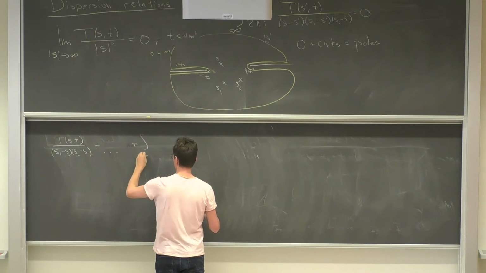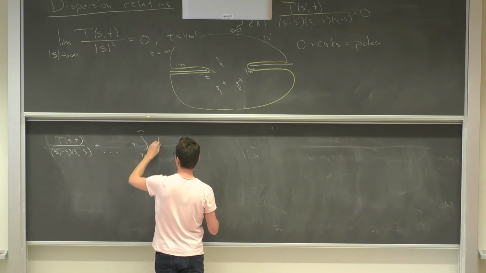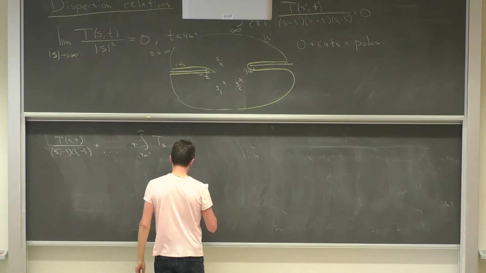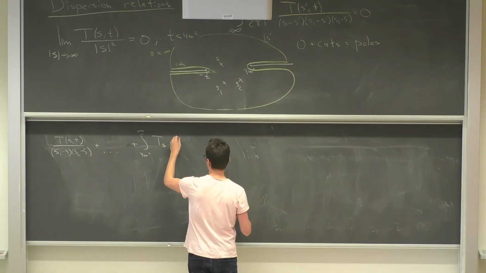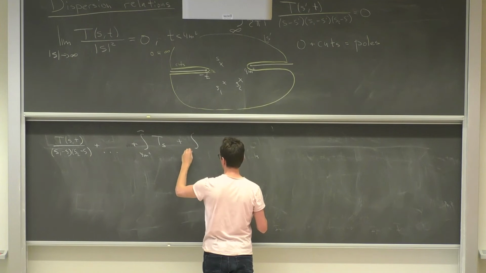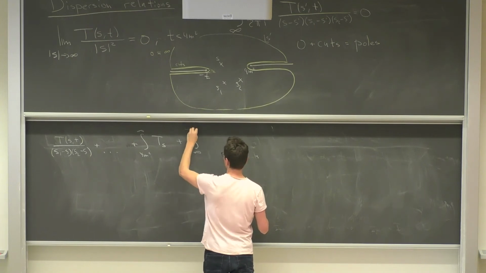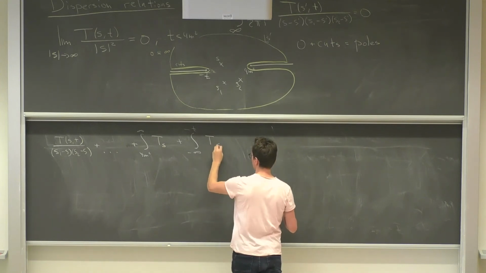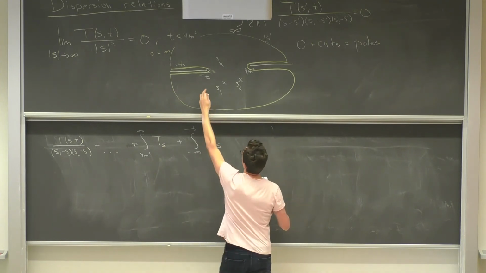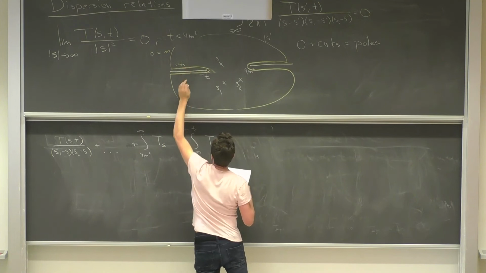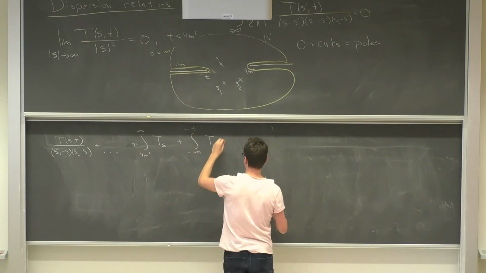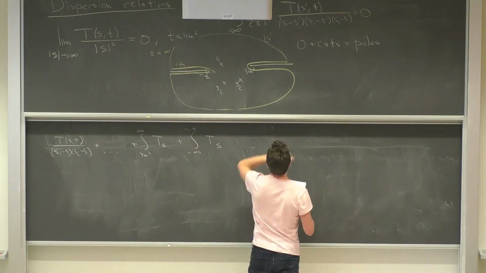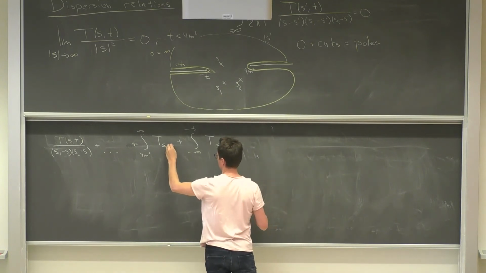So there is a 4m squared to infinity cut. We have Ts, and we have equally from minus infinity to minus t. We also have some Ts, which is defined as a discontinuity along these cuts, and here we have the denominator.